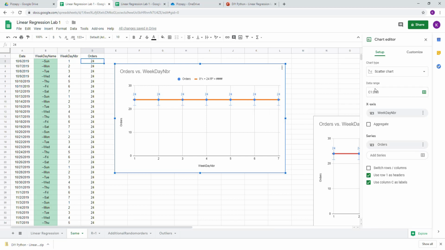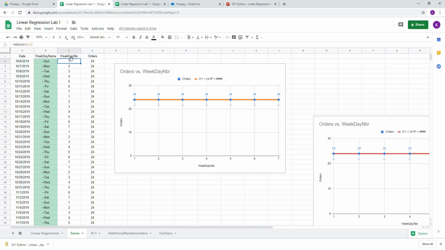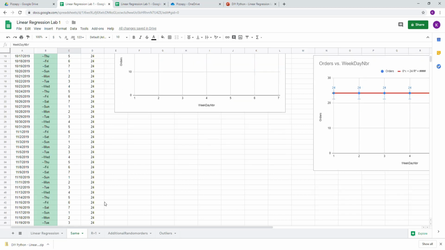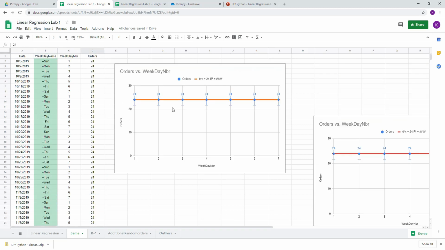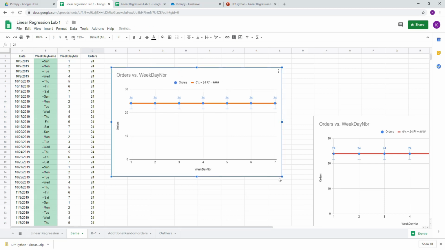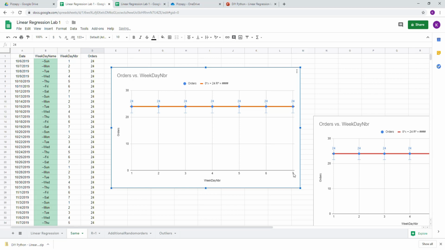it is actually taking a data range from C1 to D50. But still our scatter chart is showing only 7 entries here.